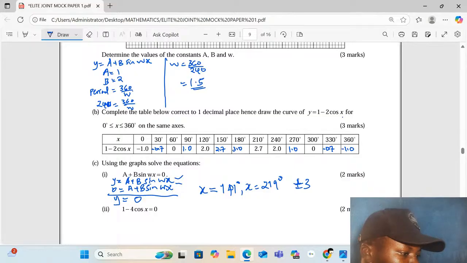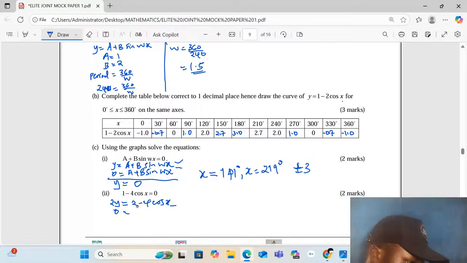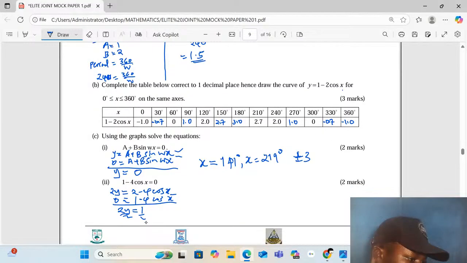Then we have 1 minus 4 cos x, which is equal to 0. We have our equation as y is equal to 1 minus cos x. You now take minus 4y is equal to half. Your y becomes a half.